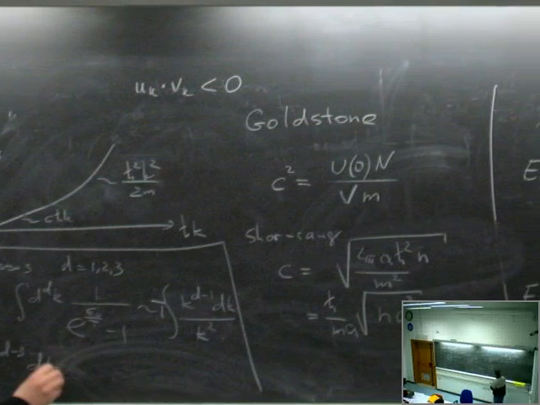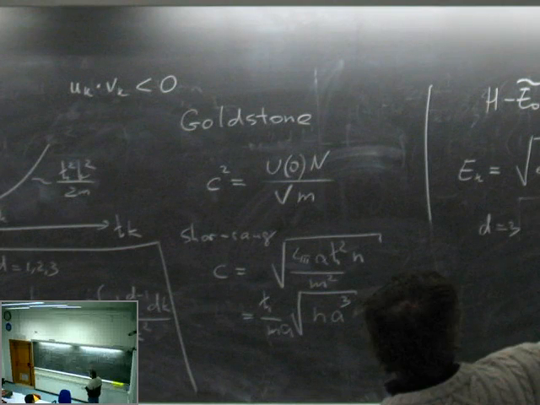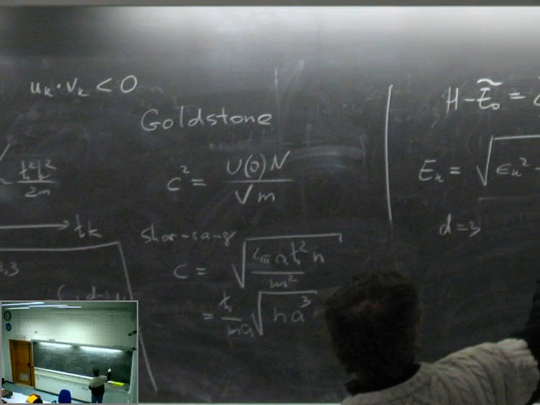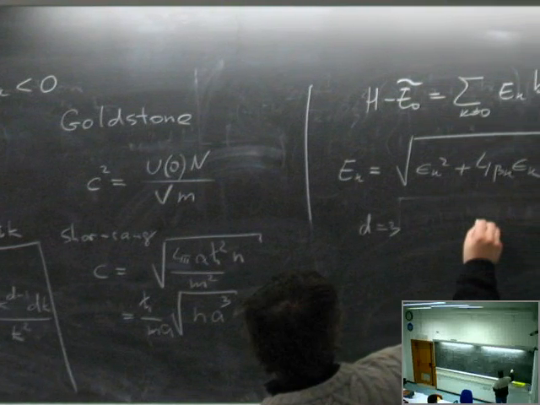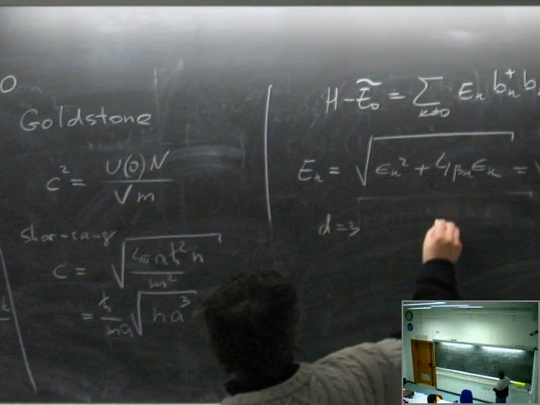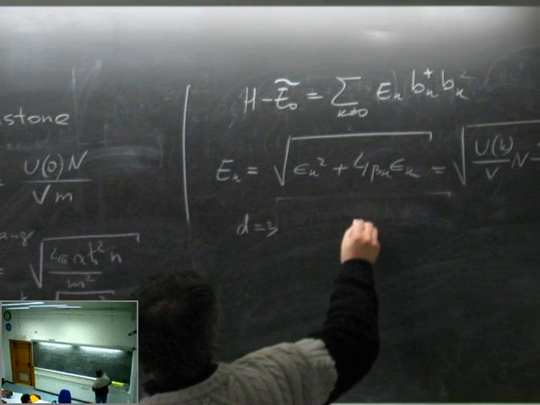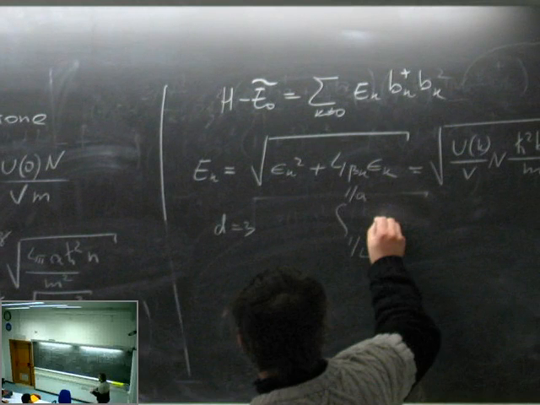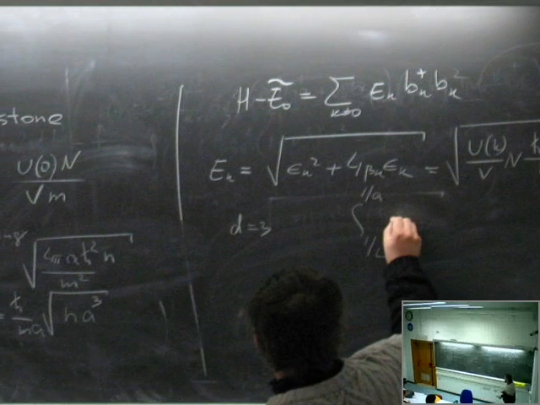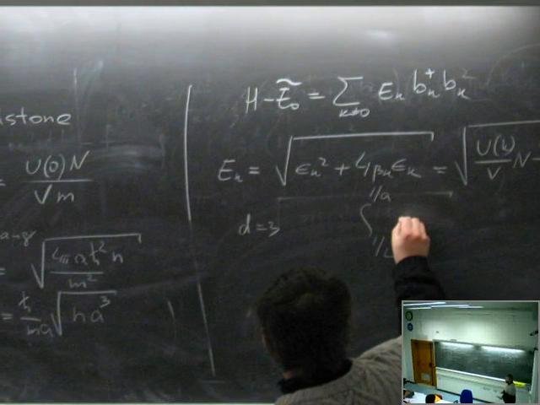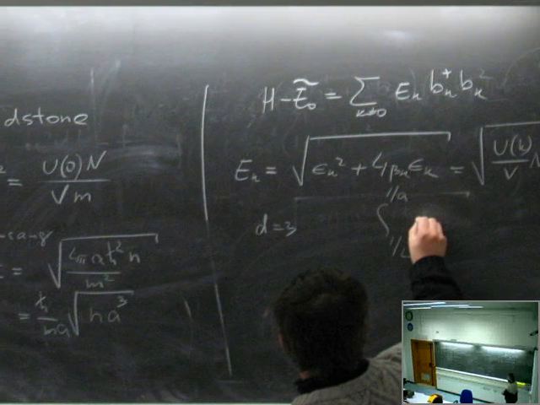So if d is equal to 3, you see I have the integral from the smallest momentum, which is 1 over the size of the system, to the smallest sizes 1 over a. A is the size of the ball, and here it's dk. And you see that the integral is converging. There is no problem. It's converging both on the upper and the lower limit.